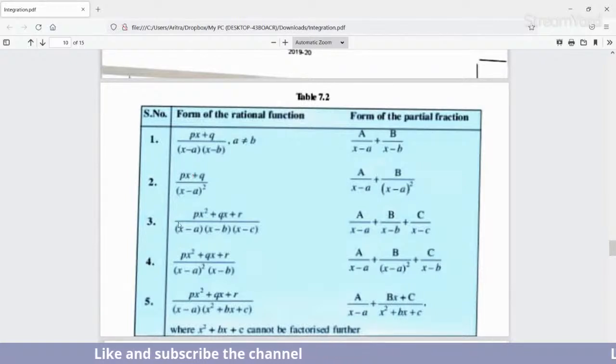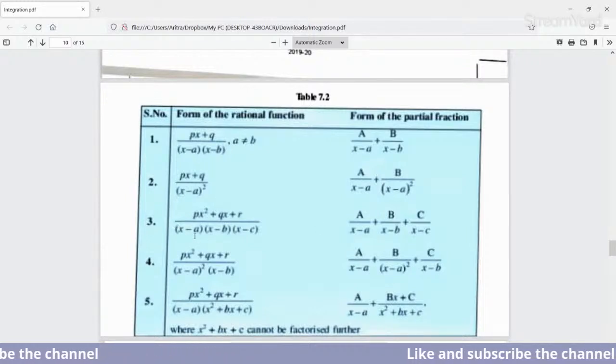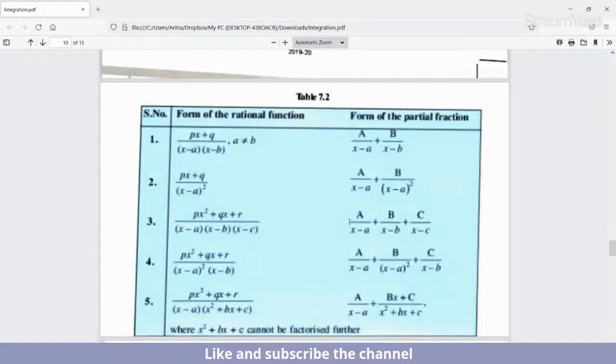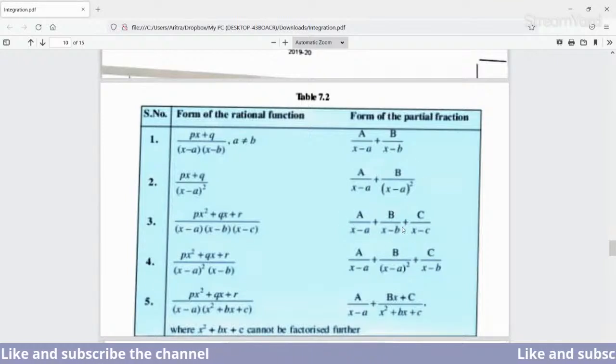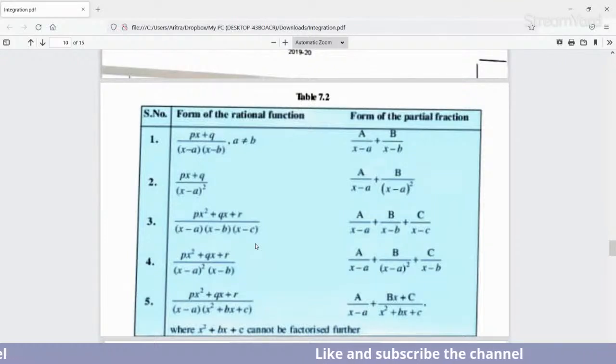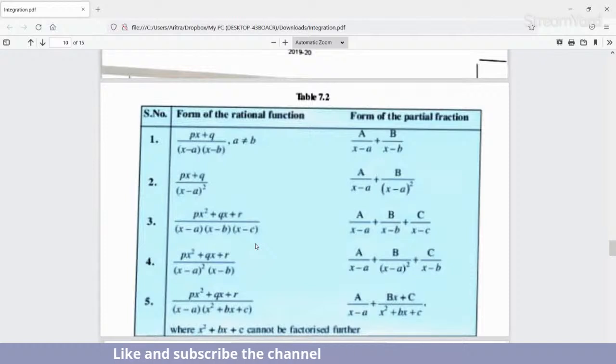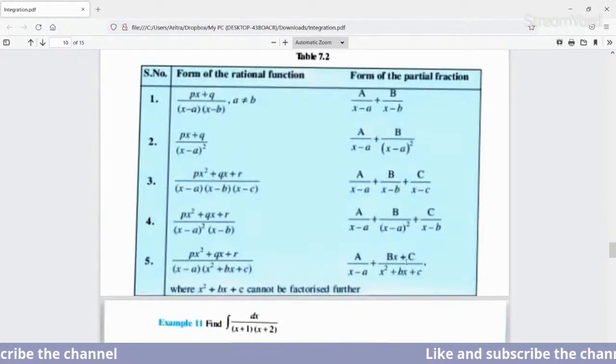Then px square plus qx plus r divided by x minus a, x minus b, into x minus c. Again they are breaking it into a by x minus a plus b by x minus b plus c by x minus c. Then number 4, px square plus qx plus r over x minus a whole square into x minus b, which gives a by x minus a plus b by x minus a whole square plus c by x minus b.